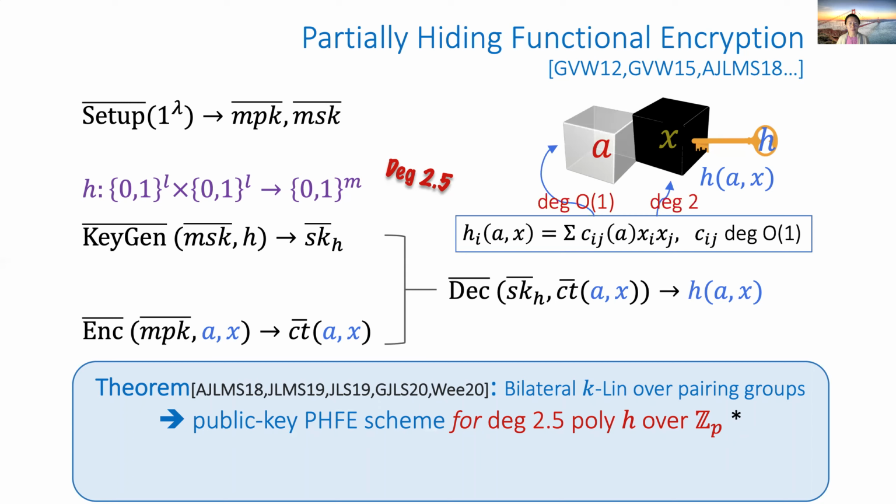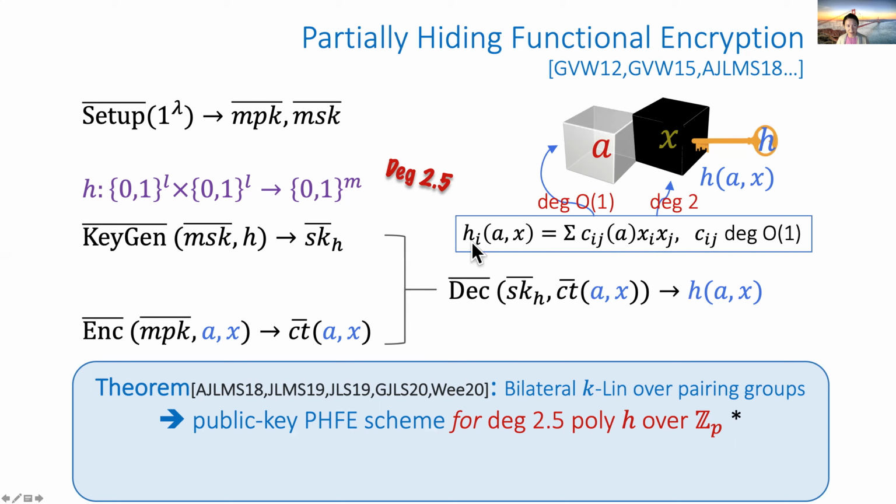So degree 2.5 polynomials have the following form: each of the output elements in the polynomial h, denoted as h_i, can be written as a quadratic polynomial on the secret input x, where the coefficients of all the quadratic monomials depend on a through some constant degree computation.